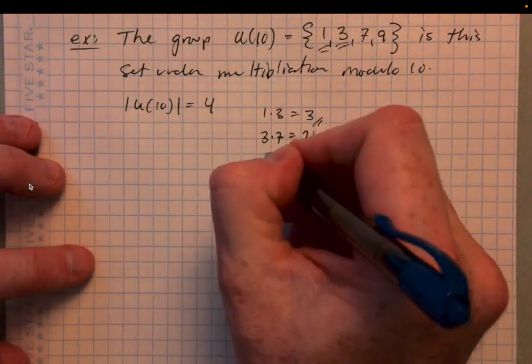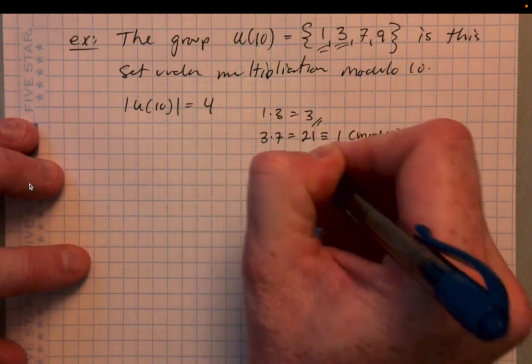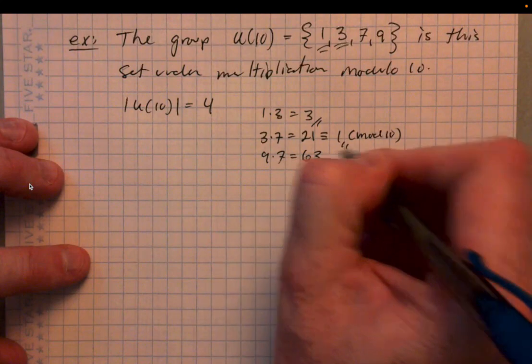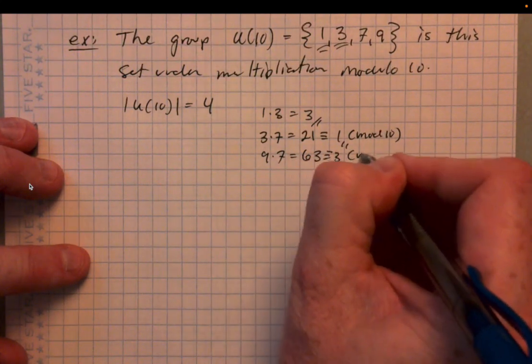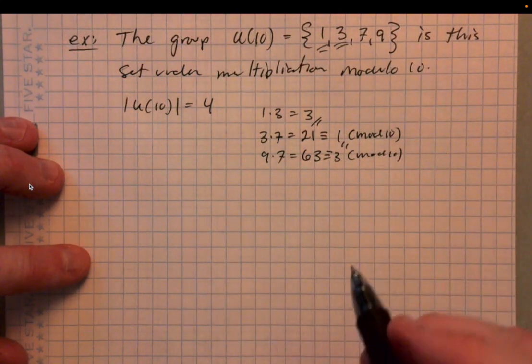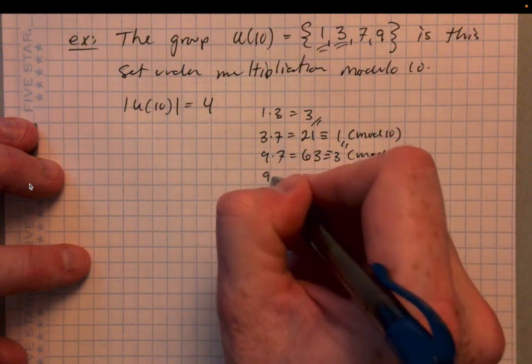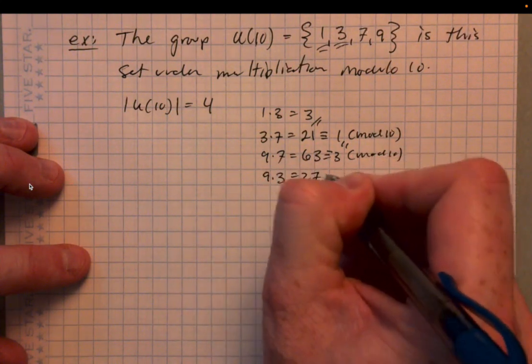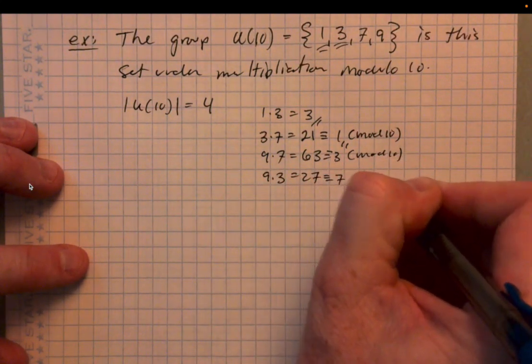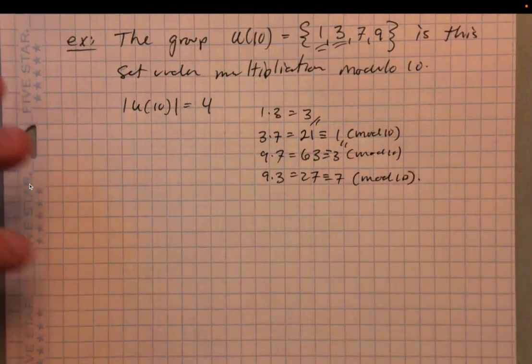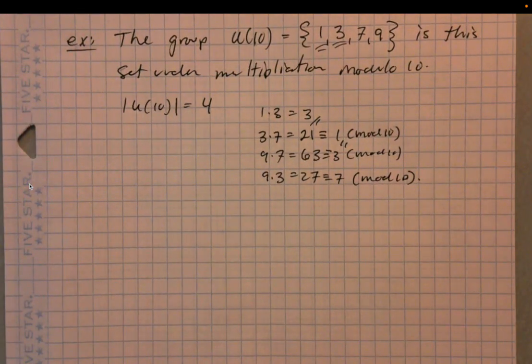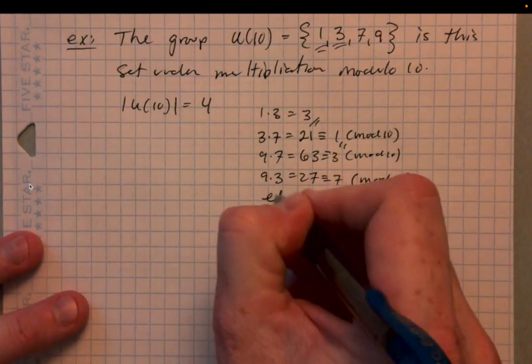And we could keep going. 9 times 7, anytime you multiply any of these 4 elements. So 63, that's congruent to 3 mod 10. Let's see, 9 times 3, 27, that's 7 mod 10. Right? And you may be able to find others. Right? And so that's the idea with U10. And it's obviously a finite group, has 4 elements, and therefore the order of the group is 4.